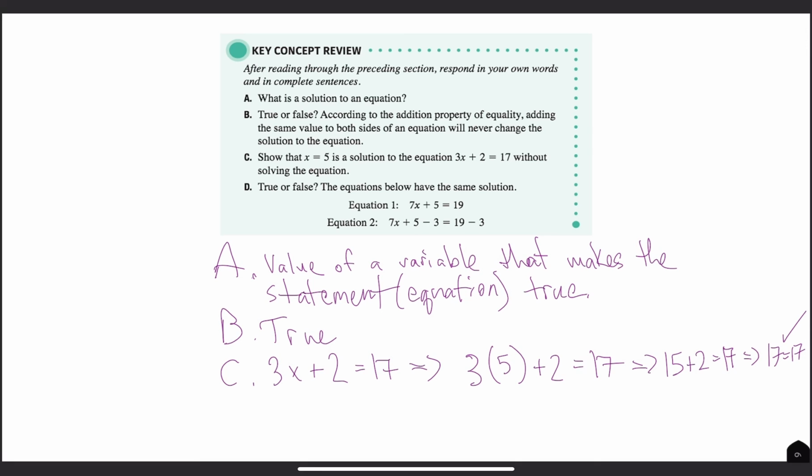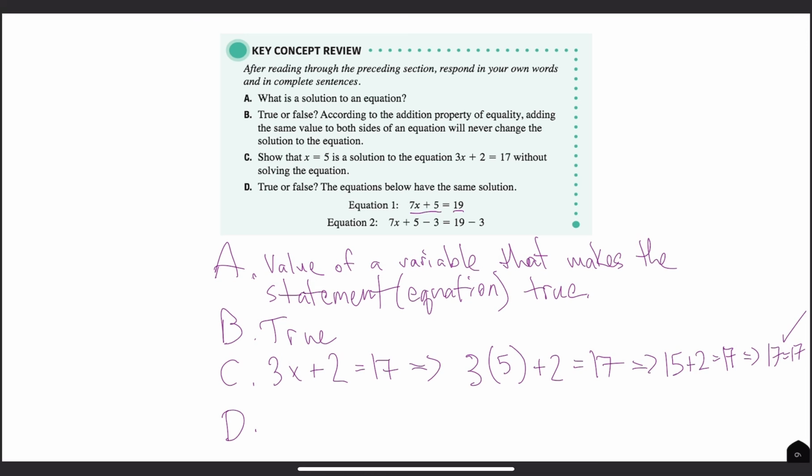All right, D. True or false? The equations below have the same solution. Equation 1 has a solution. 7x plus 5 equals 19. We don't necessarily know what the solution is, but it has a solution. Look at the line below. What's different about them?